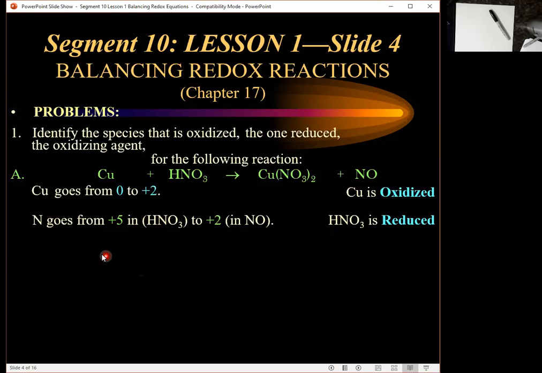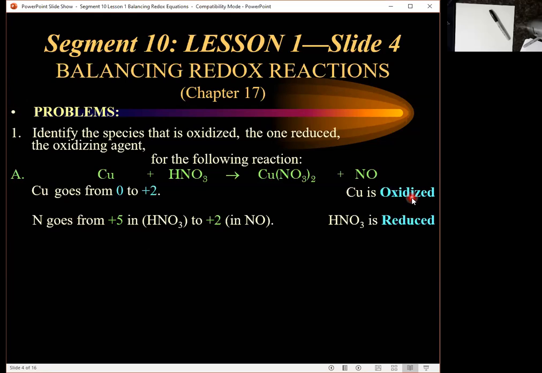So we've done that. Which is the oxidizing agent? Well, the oxidizing agent is itself reduced, because that's what we said. The species that causes something else to be oxidized is the oxidizing agent.